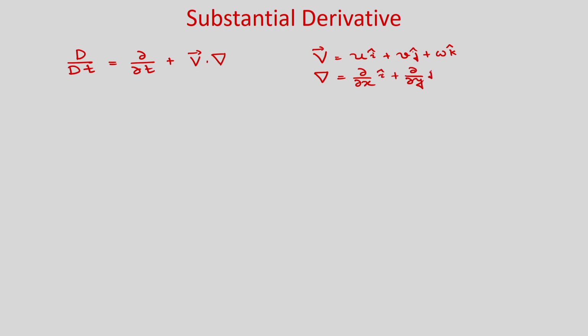That relation is expressed through the substantial derivative, which is denoted as D by Dt and is equal to del by del t plus v dot gradient, where v is the velocity vector, which is u i plus v j plus w k, and the gradient operator in Cartesian coordinates we can represent as del by del x i plus del by del y j plus del by del z k, where i, j, k are the unit vectors in the x, y, z directions.